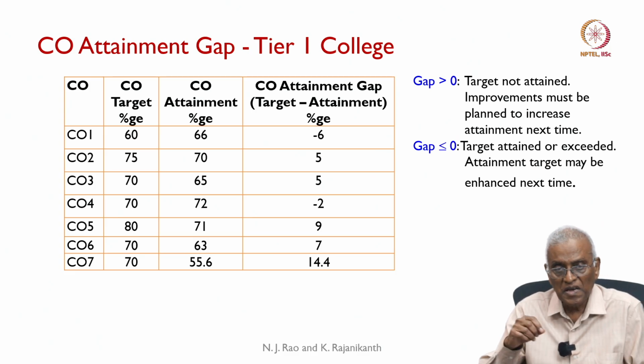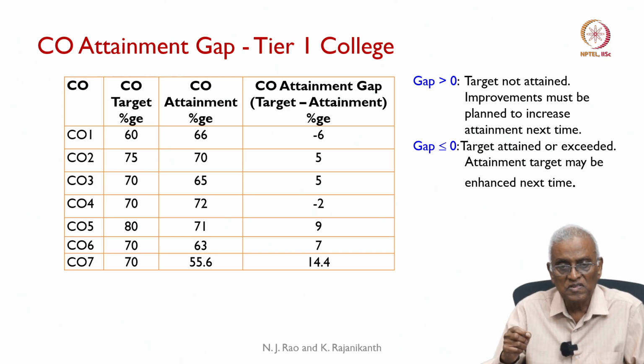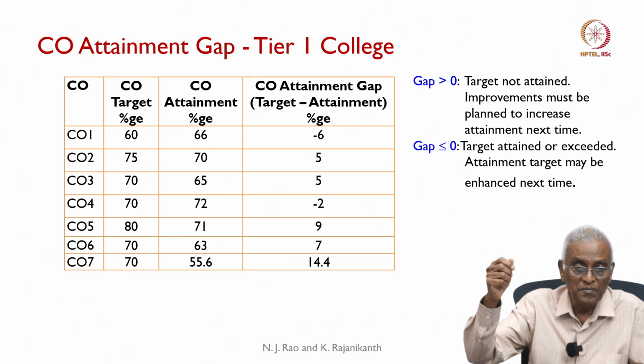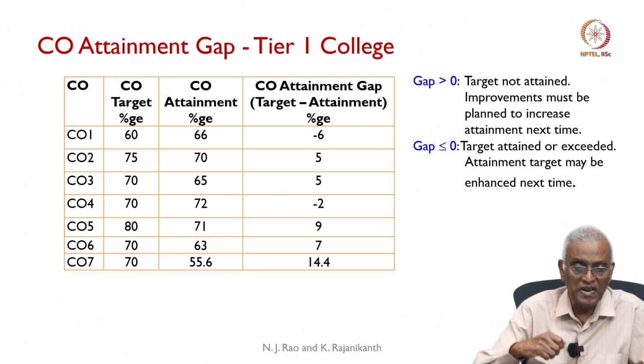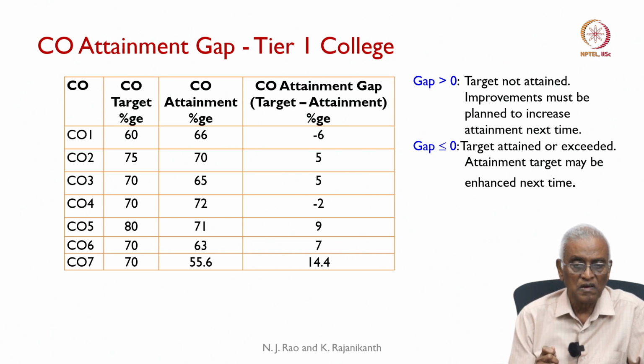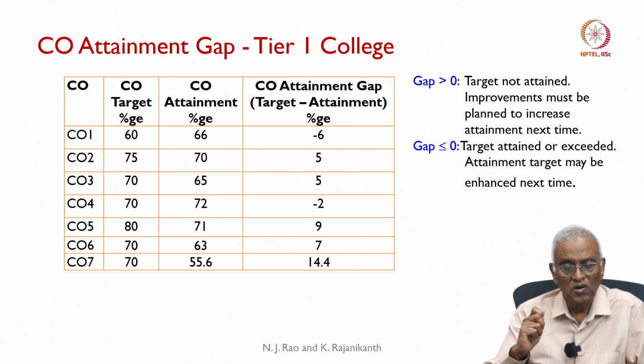But it has to be carefully considered whether the students will be able to achieve that. If I arbitrarily increase it to, let us say, 60 to 80, again we may be falling short. We don't want to again bring down once having raised to a certain level, it is generally good practice not to reduce that. It is a good practice to modify our instruction to ensure that the target is attained.